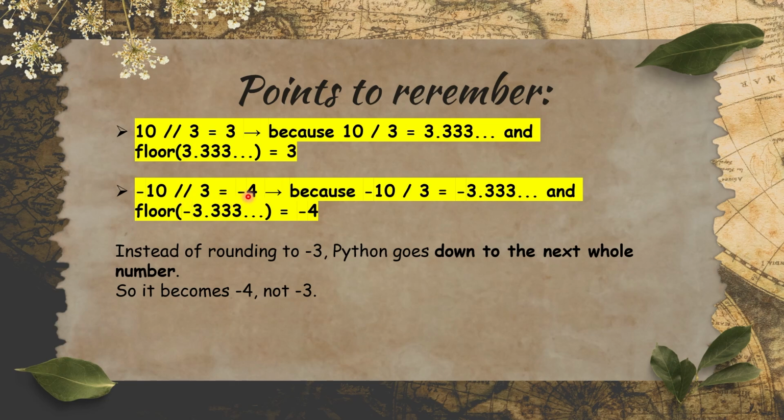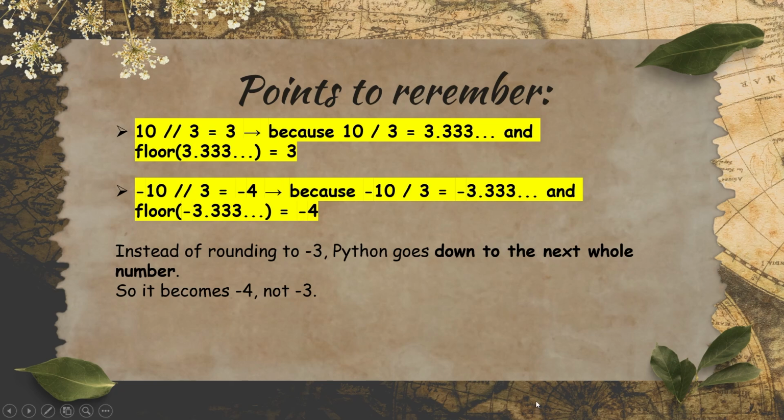So what happens in the case of negative numbers? Instead of rounding off to minus 3, Python will round off to the next lower whole number in the case of negative numbers. So the answer is minus 4, not minus 3. Clear? So do not get confused between positive and negative integers when you are dividing.